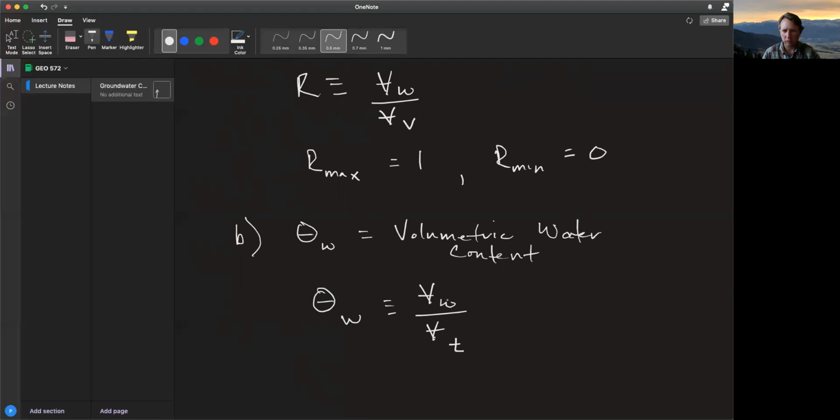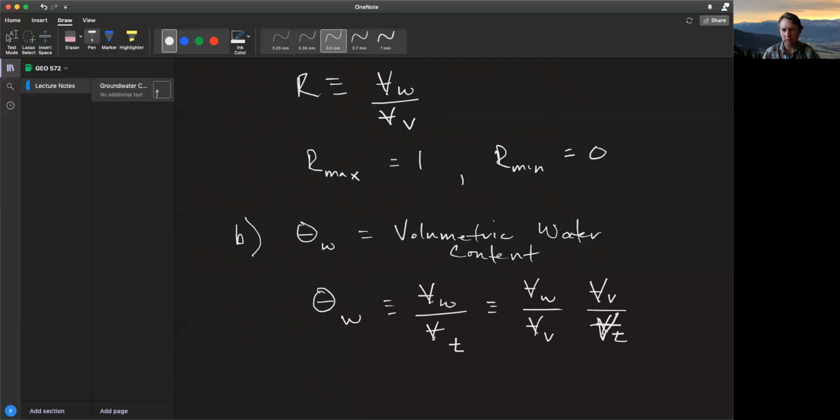We can break this apart and play a little trick here and say this is equal to the volume of water divided by the volume of voids times the volume of voids over the volume total, right?